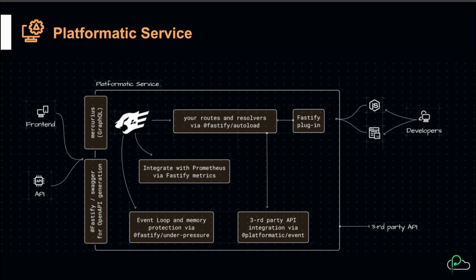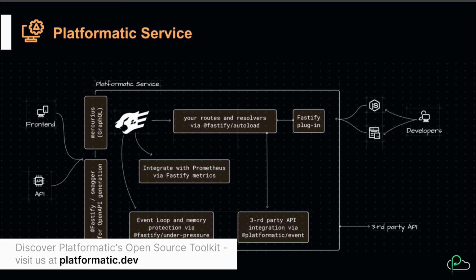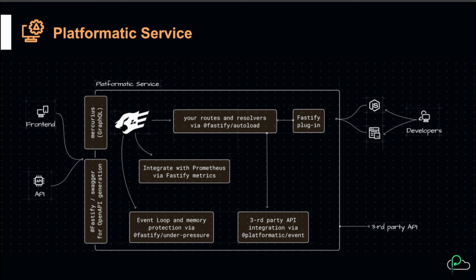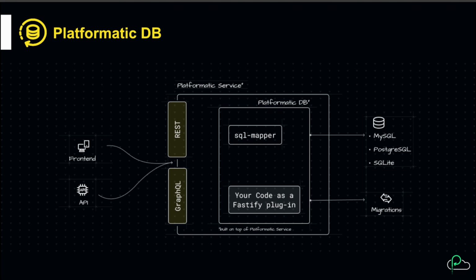It already has the event loop protection system that we have not talked about, but this is a long topic and a long conversation to have. And we have OpenAPI already set up for your routes. We have a lot of systems already that you can talk with. Another toolkit that we're going to talk about soon is the Platformatic client. Okay, I'm going to give you a demo soon.